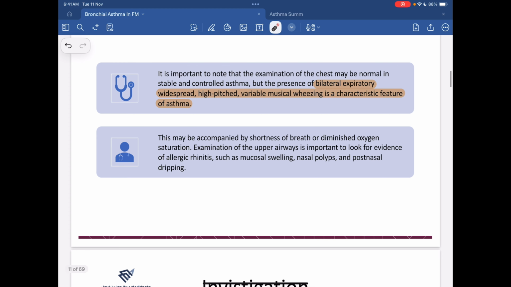This may be accompanied by shortness of breath, diminished oxygen saturation, and it's important to examine the upper airways, not just the lung bases, to look for evidence of allergic rhinitis. زي إيش قلناها mucosal swelling, nasal polyps, and postnasal dripping.